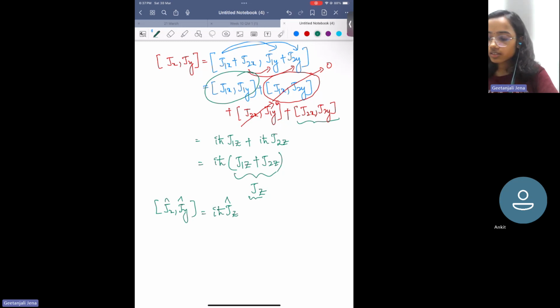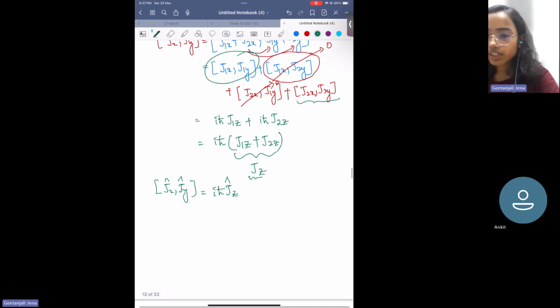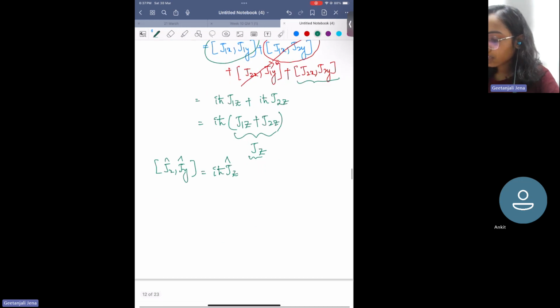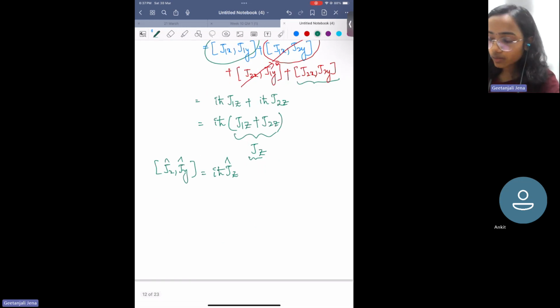So the basic commutation relation holds even in the two-particle system, or in a many-particle system also you will get the same expression. So this is for Jx and Jy.